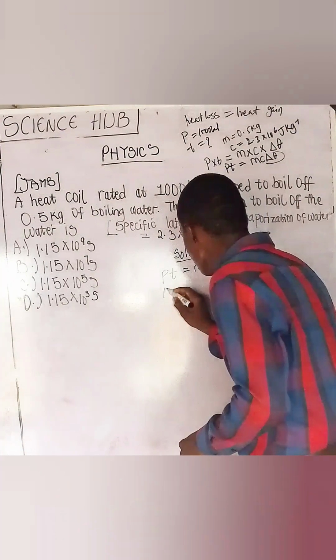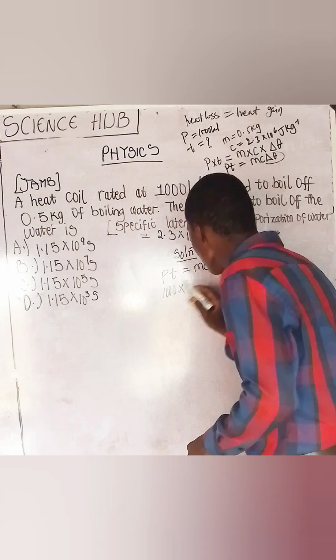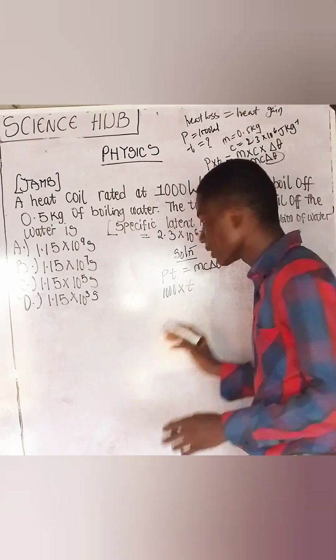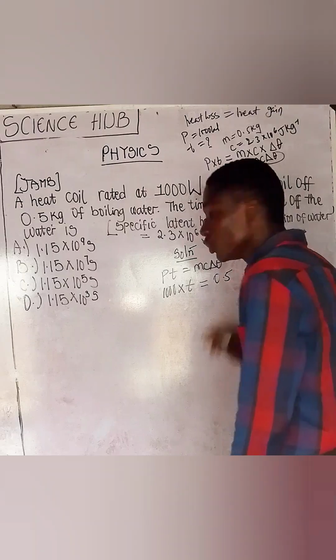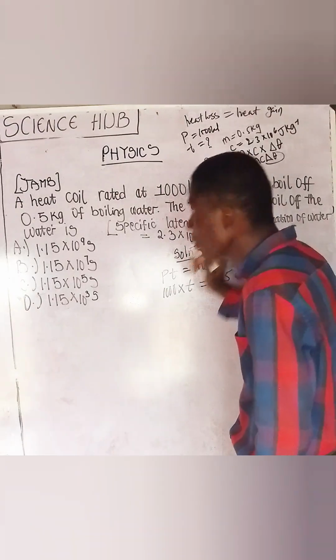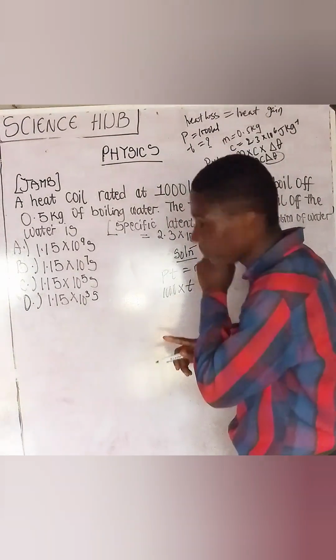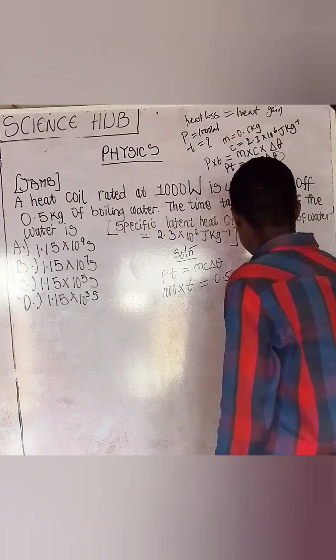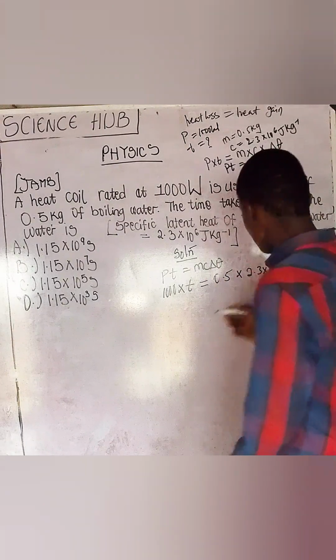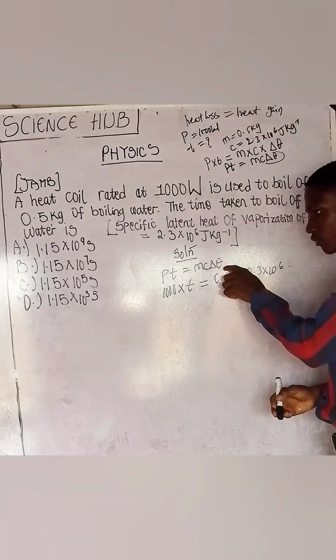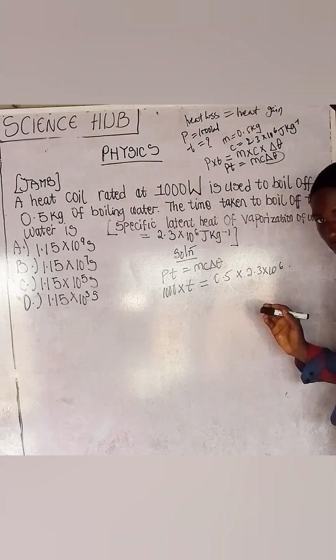So P is 1000 times time, which is unknown, I just leave it as T, is equal to the mass. Mass is 0.5 kg. You don't change this kg to gram. Times C, which is 2.3 times 10 raised to the power of 6. And that is all. Since we've not been given the temperature change, I've taken it out.